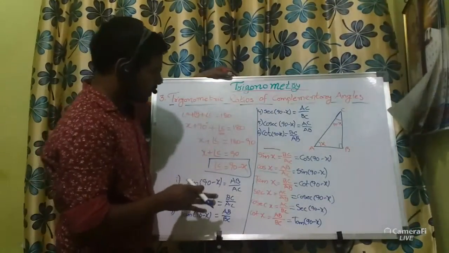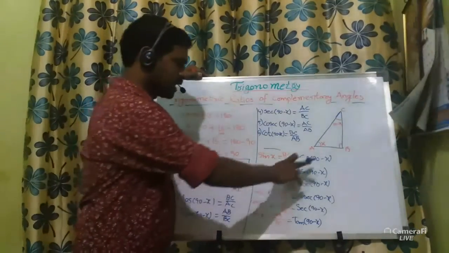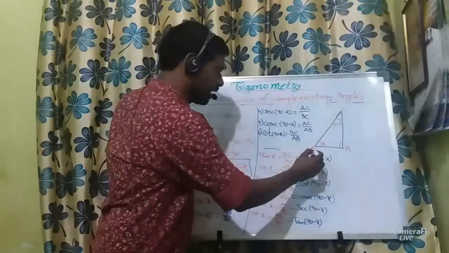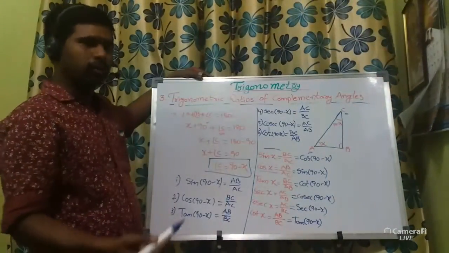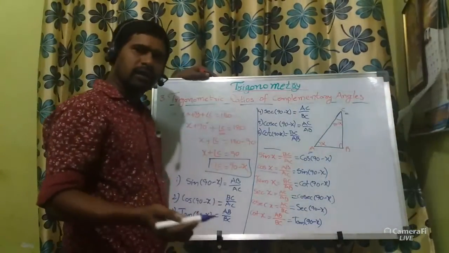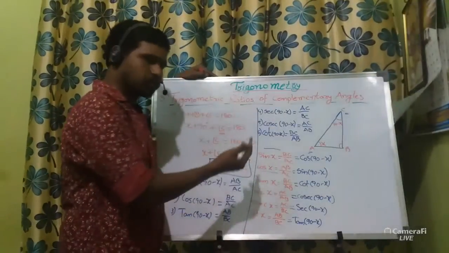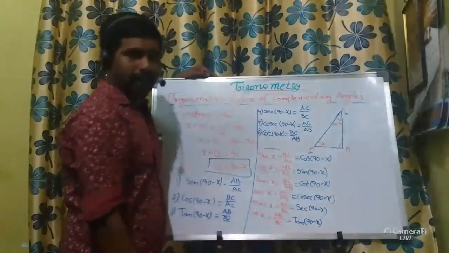So these are all the ratios of the complementary angles. 90 minus x means below 90. Complementary angles means angle A and angle C, the two angles are called complementary angles. So we have calculated the trigonometric ratios of complementary angles of that right angle triangle.